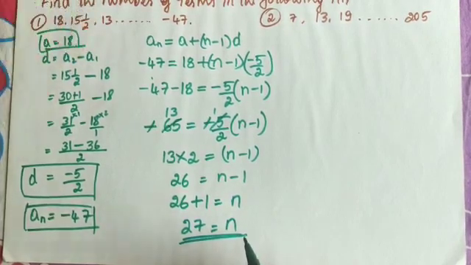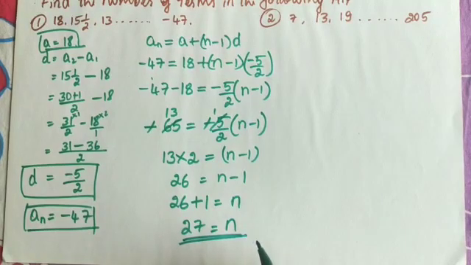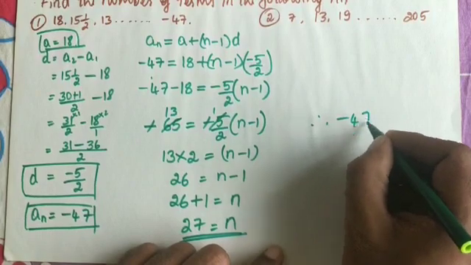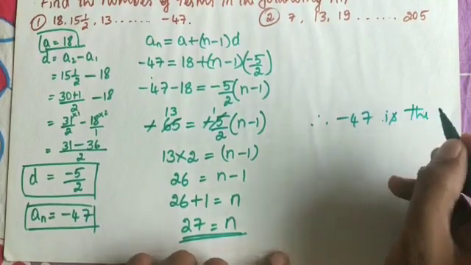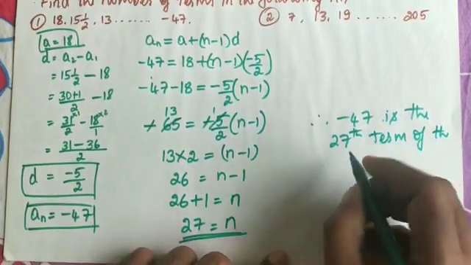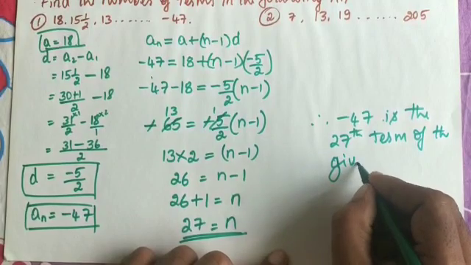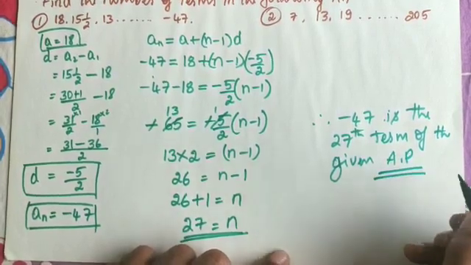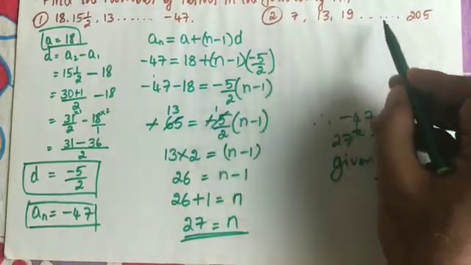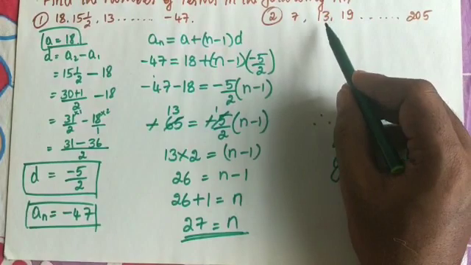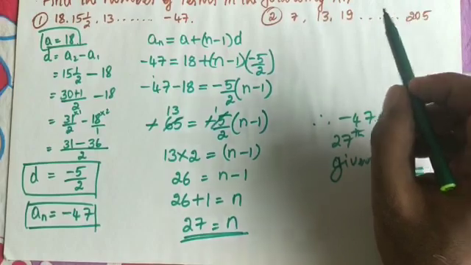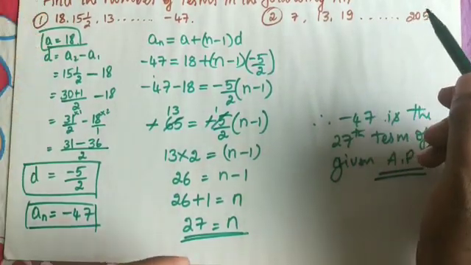Therefore, we can conclude that minus 47 is the 27th term of the given AP. Now, in this method, you students can solve the second problem, that is 7, 13, 19, etc., 205. Here also, by using the same steps, you can solve this problem.